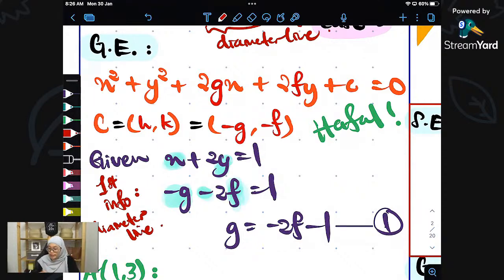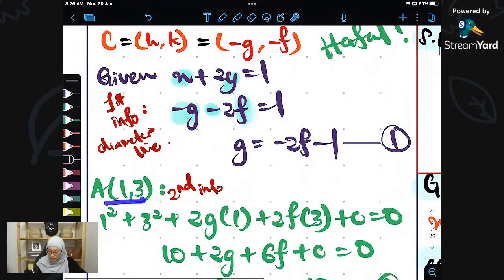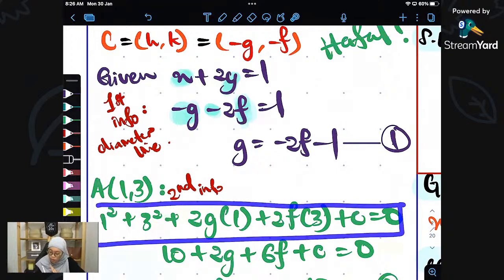Okay, and then the second info here. The second info is I use the point. So the point is at 1, 3. Okay, the point is at the 1, 3. So the point here, I subs in my general equation.